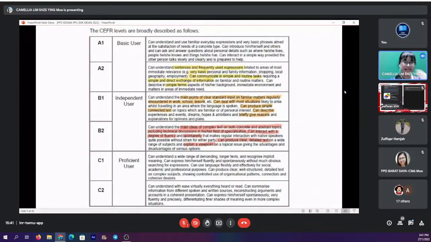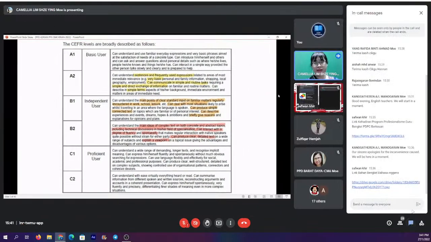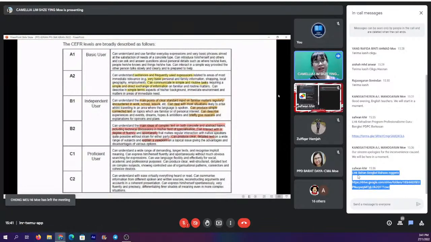In B1 and B2, independent users are able to communicate better compared to A2. In B1, they are able to communicate on standard input on familiar matters regularly. They can deal with most situations, and they can produce simple connected text and briefly give reasons. So that will be B1.